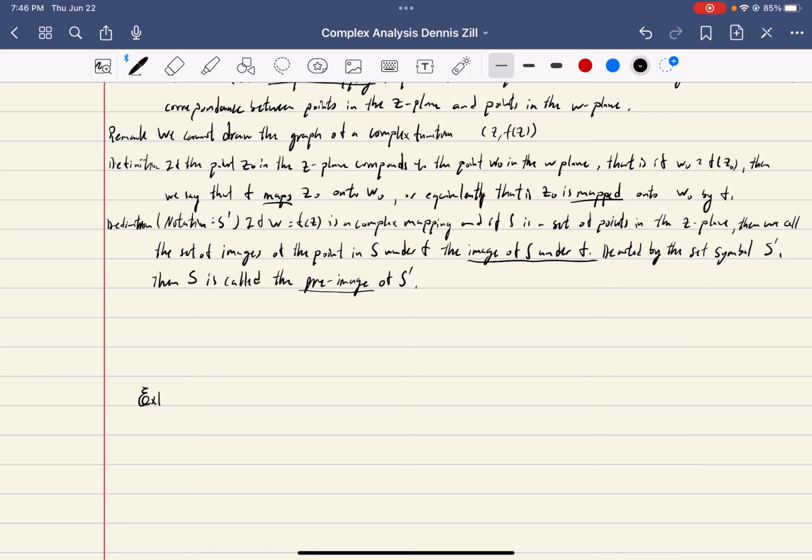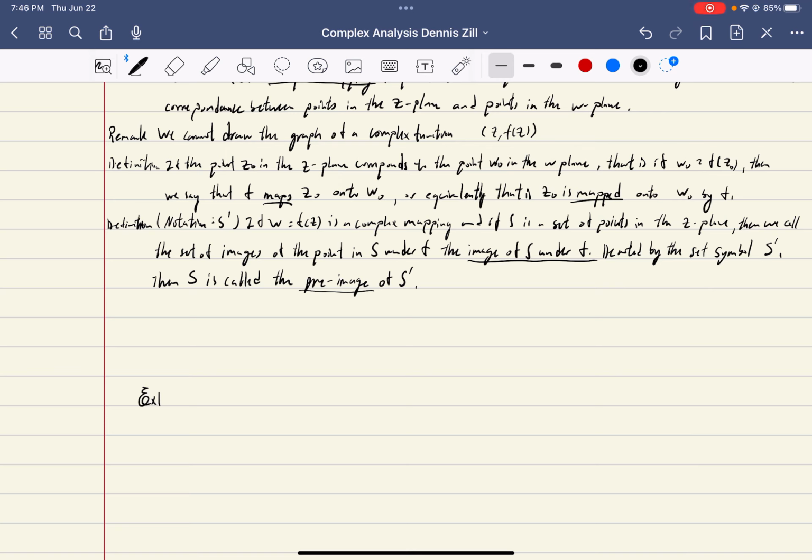So the textbook reads: if w equal to f of z is a complex mapping, and if S is a set of points in the z-plane, then we call the set of images of the points in S under f the image of S under f, and we denote this set by the symbol S prime. Then S is called the pre-image of S prime.